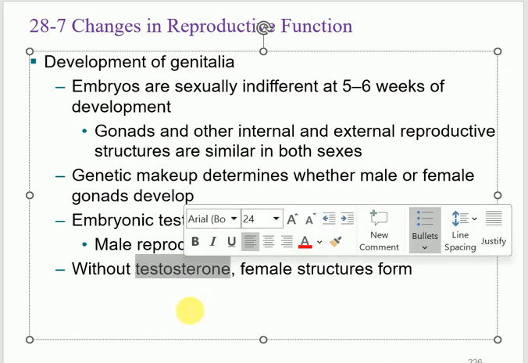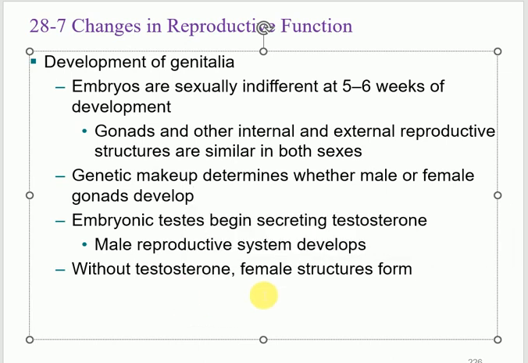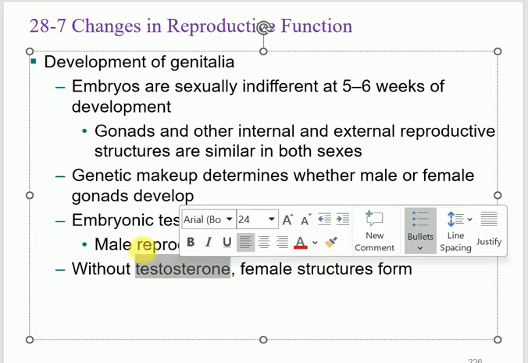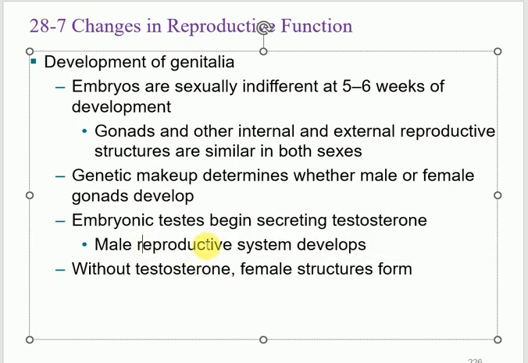If there is XY, so there is Y, so there is testosterone, whatever was there until a month and a half is going to grow and become male. If there is no testosterone, it doesn't grow as male and it will grow into female. So by default, it becomes female. If there is testosterone, it will become a male.